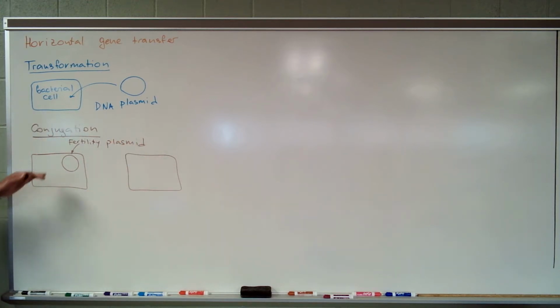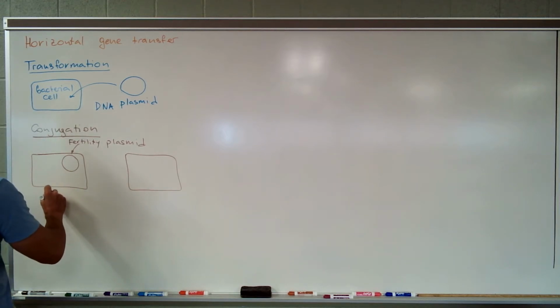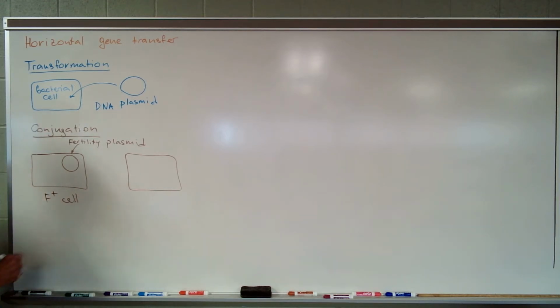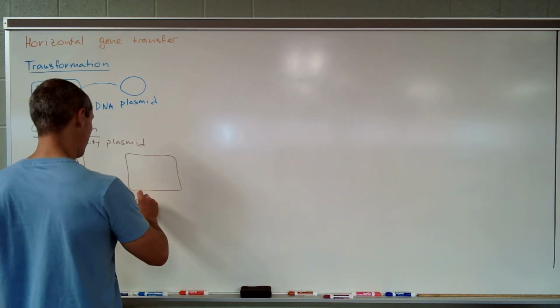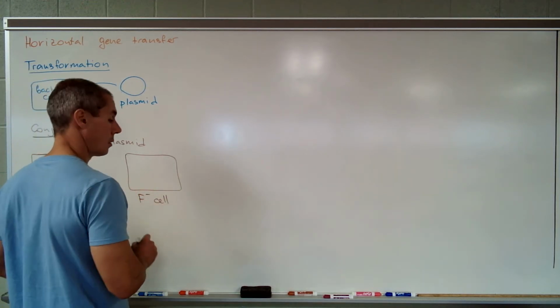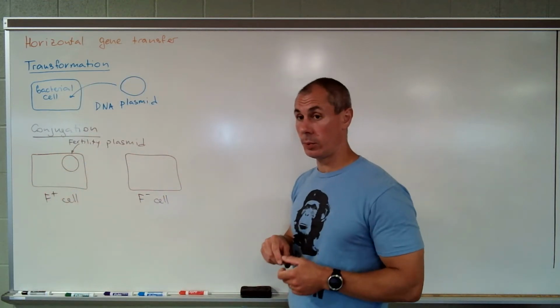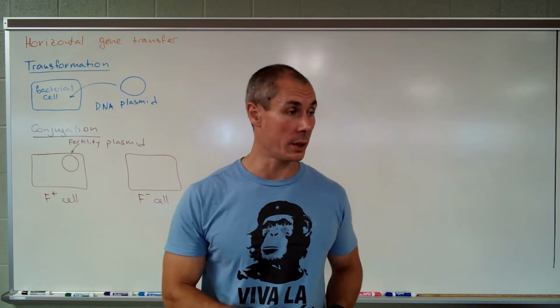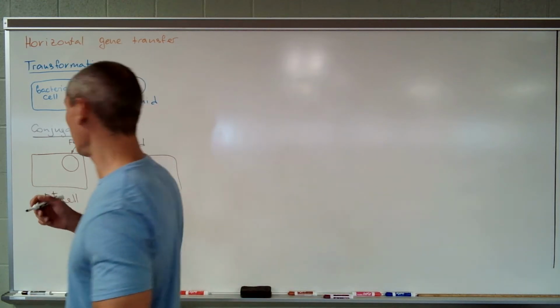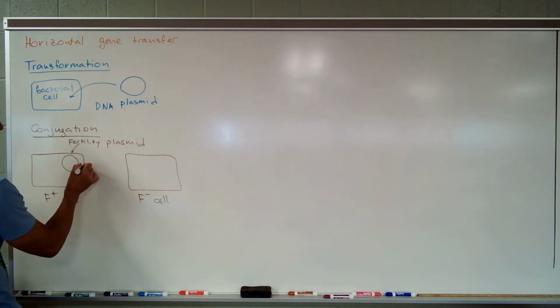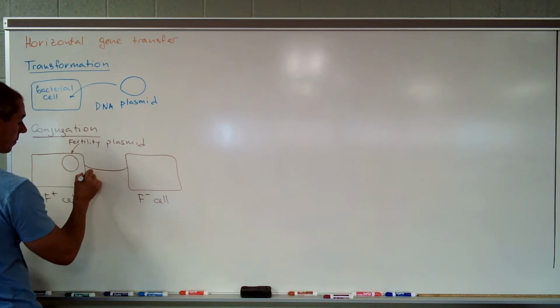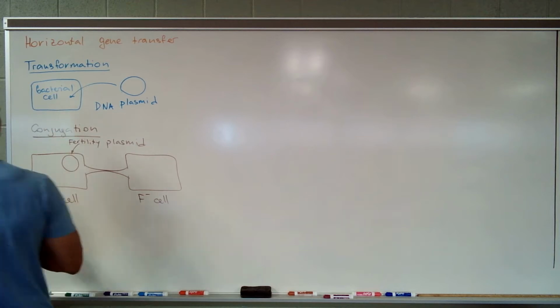So the cell that does have the fertility plasmid is called an F plus cell. Any cell that does not can be called an F minus cell. So what happens next? Genes on the fertility plasmid encode proteins that are necessary for the formation of a pilus. Also known as sex pilus.